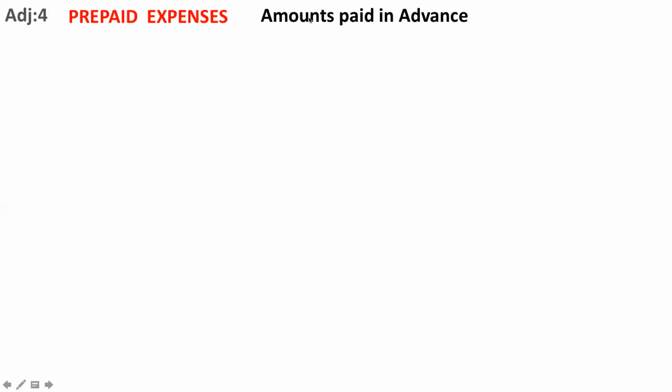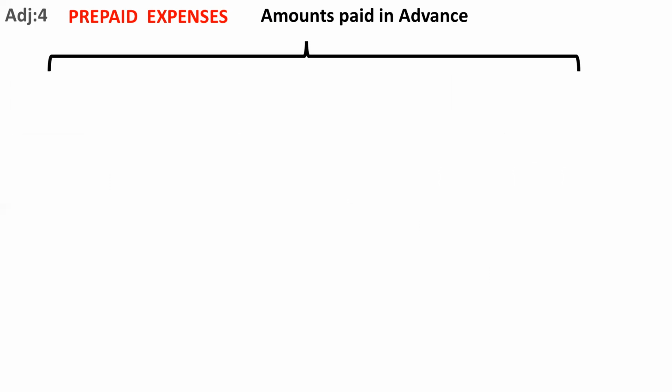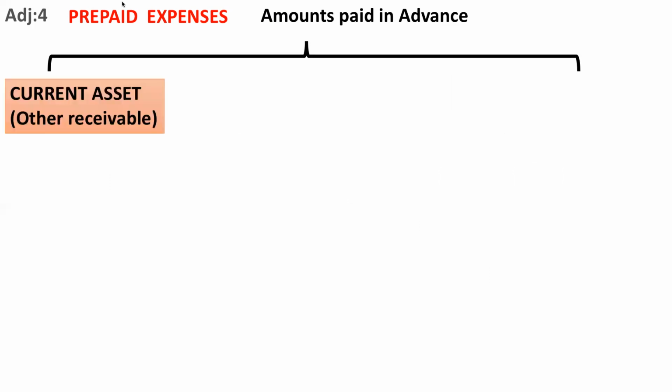Next adjustment, prepaid expenses. Prepaid expenses means I have paid the money in advance. That means if I've paid the money in advance, I have to receive some services. Amount paid beforehand, service yet to be received, and amounts yet to be received are my assets.